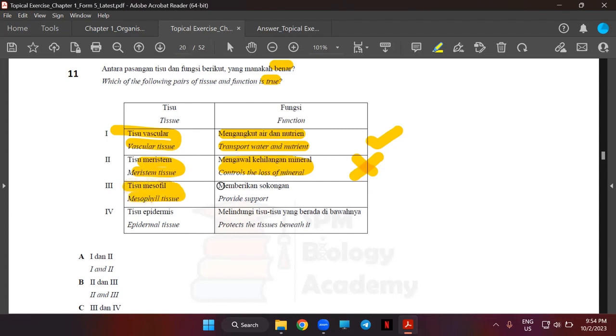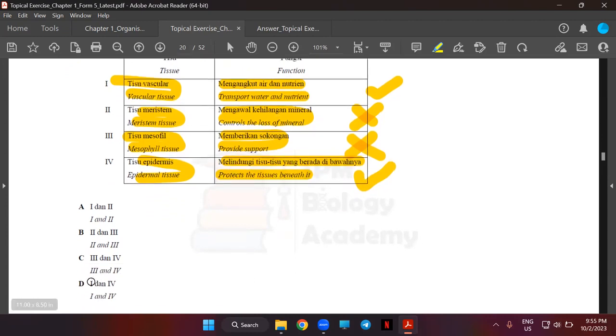Mesophyll tissue memberikan sokongan, provide support, no. Mesophyll tissue untuk melakukan fotosintesis. Dia melakukan fotosintesis. Remember, saya ada bagi tahu dekat you, I have said this when we learn about parenchyma that day. Bila kita belajar parenchyma, I think I did mention about this mesophyll. Epidermal tissue melindungi tisu-tisu yang berada di bawahnya. Protects the tissue beneath it. So betul. 1 dan 4. D. Okay.